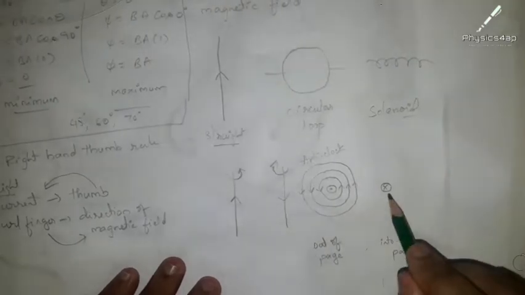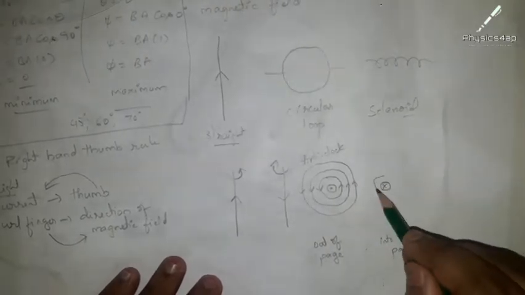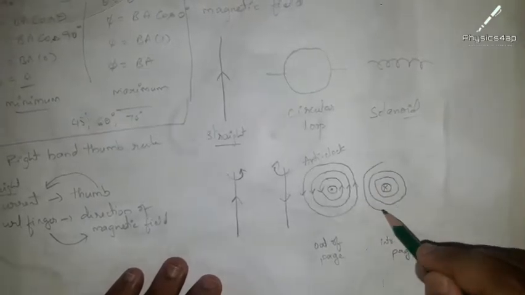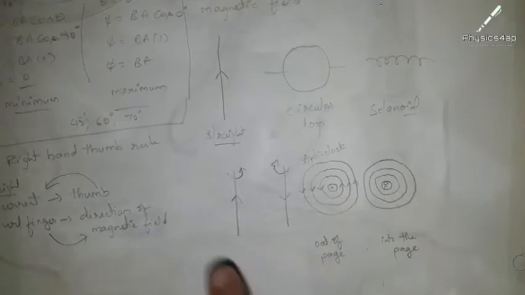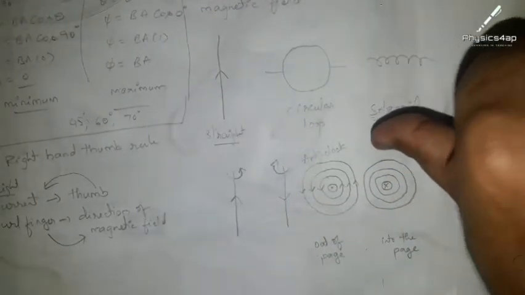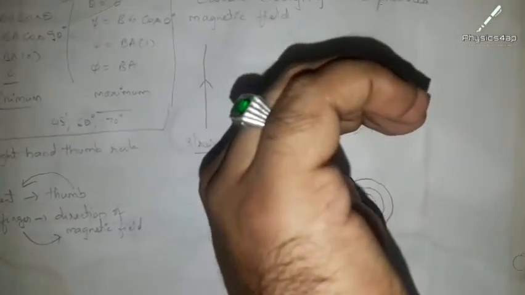Now what will be the direction of the magnetic field for the current which is moving into the page, that is inside? Simple. Into the page, the thumb should be represented as down, and this is the direction of the magnetic field.